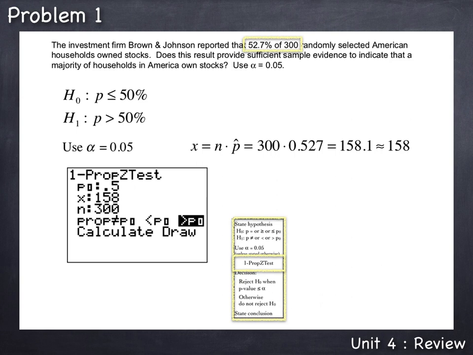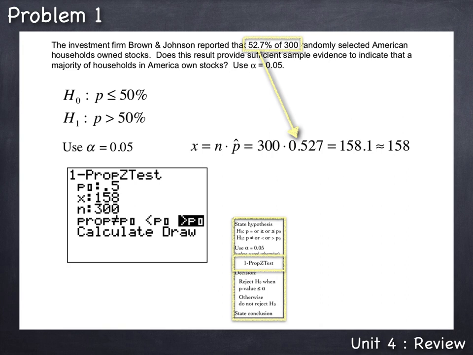So X, the number of American households in this sample that own stocks, is N, 300, multiplied by P hat, 52.7%.